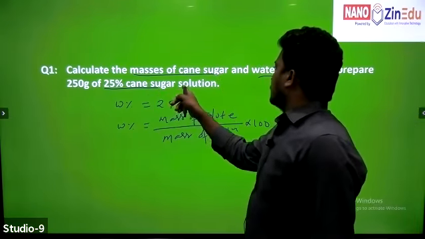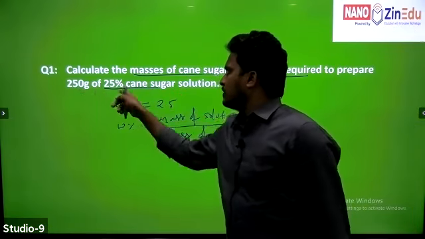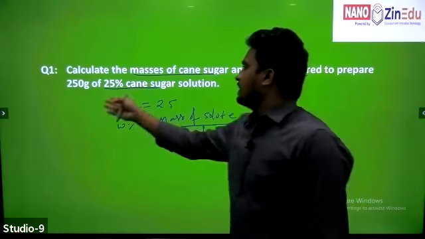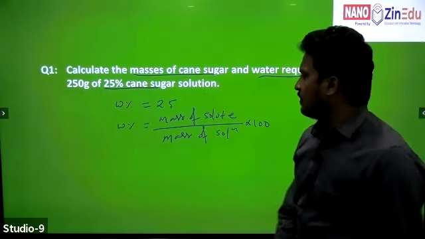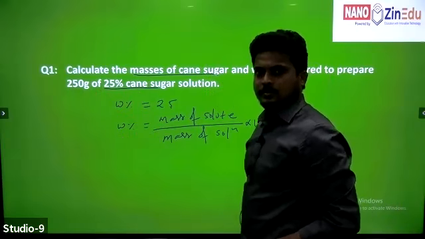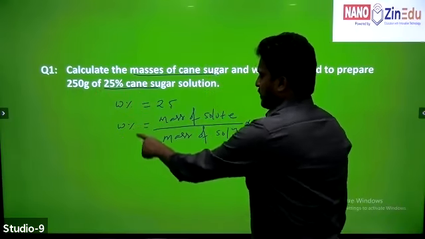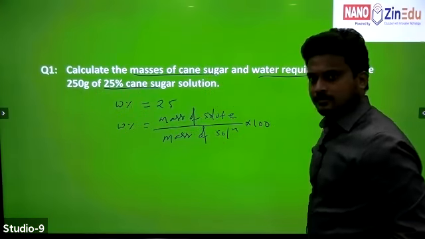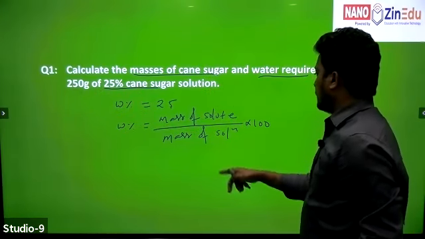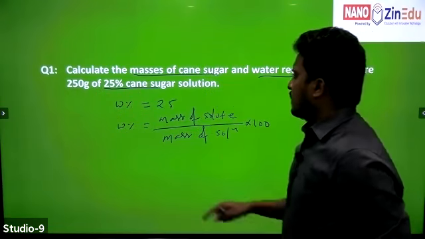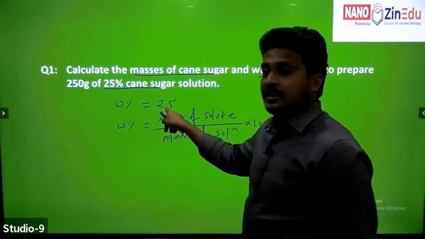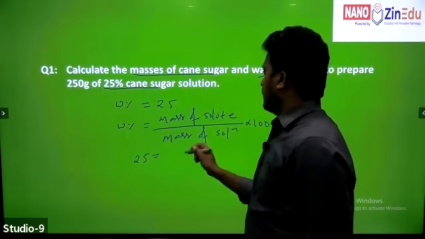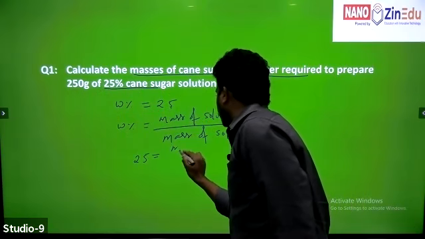What is 25% of 250 grams? If you don't know, use the weight percentage formula: weight percentage equals mass of solute by mass of solution into 100. Weight percentage is 25, mass of solution is 250, so we calculate the mass of solute.